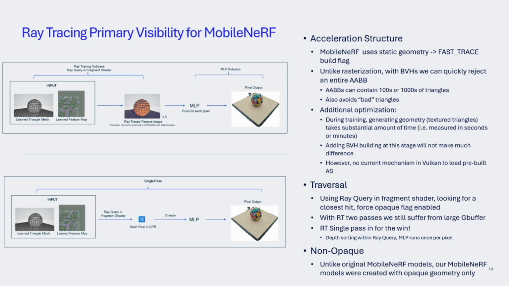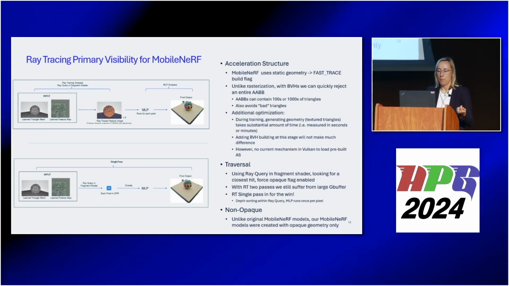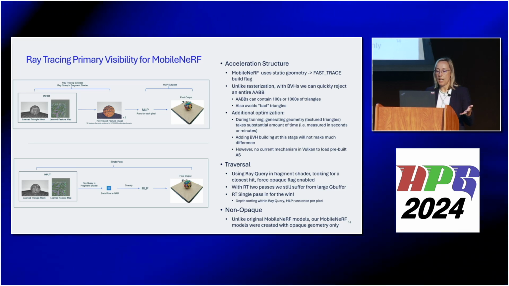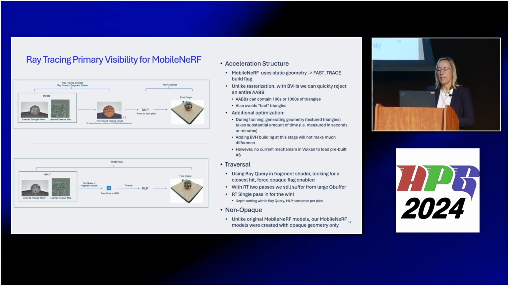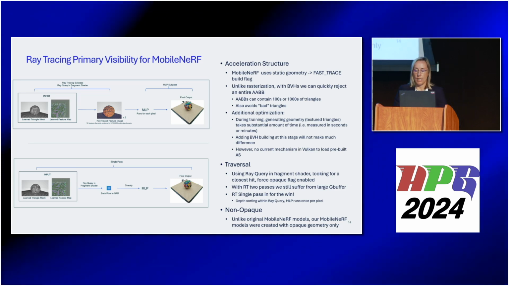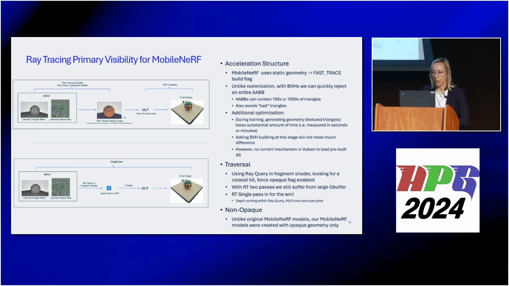Building the BVH is not that slow, but if we could combine creating the mesh and building during the training process, the cost for building the BVH is going to be negligible, considering minutes to create the triangle meshes. Then if we build that BVH at training time, at inference we just have to load it. But there is no such capability in Vulkan right now to load pre-built acceleration structures.